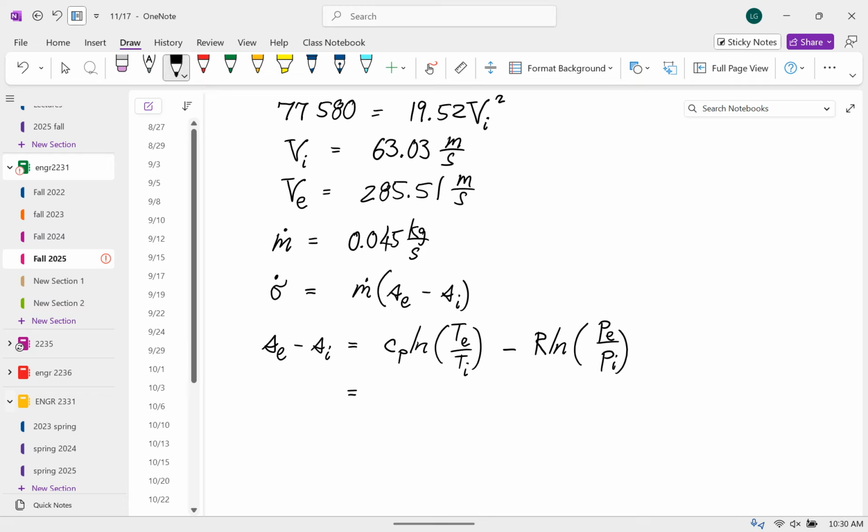So you're dealing with constant pressure, not constant volume, right? This is the equation that says delta little s is equal to, this comes from the TdS equations for an ideal gas. So delta s is equal to Cp natural log of T2 over T1 minus R natural log of P2 over P1.